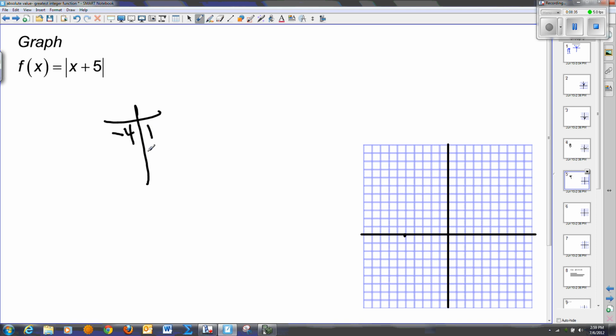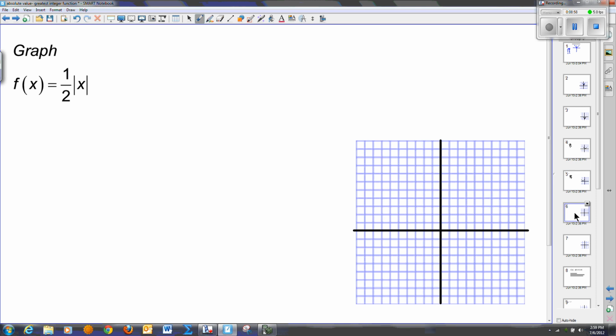I get 1 as my output value for y. And if I go to -3, which is actually 2 away from our vertex point, then I get a 2 out. So hey, what do you know? It's the same absolute value graph as we had before. It's just the whole thing has been translated 5 to the left.